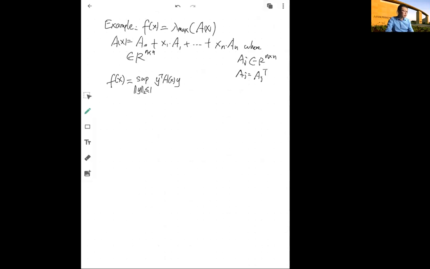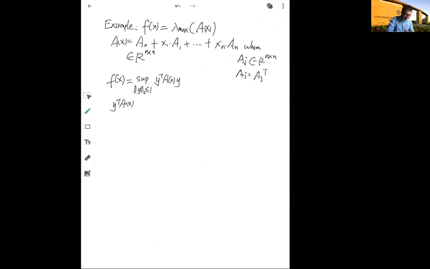There's another answer that's closer to what I have in mind: can we use the fact that A(x) is affine? Well, A(x) is affine in x for sure, but the function that we talk about is y transpose A(x) y. So actually this is about the right answer.